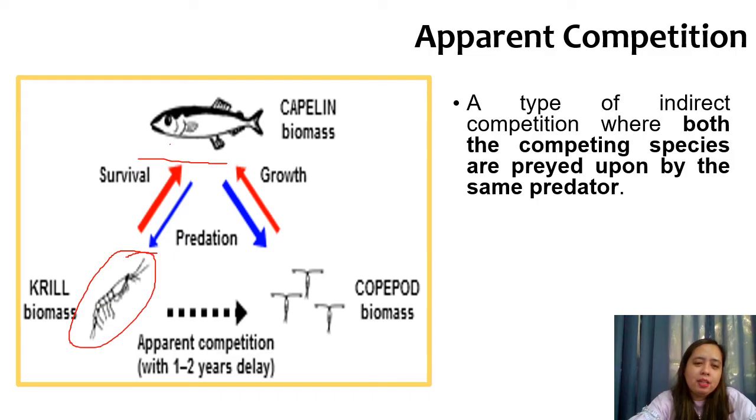So, kapag krills ang kinakain niya ng kinakain, the copepod biomass will now grow or tataas. But at the time that the krill population now gets lowered, syempre, lumiliit yan, and yung copepod population increases, this capelin will change its diet at ito naman ang kanyang kakainin, the copepods.